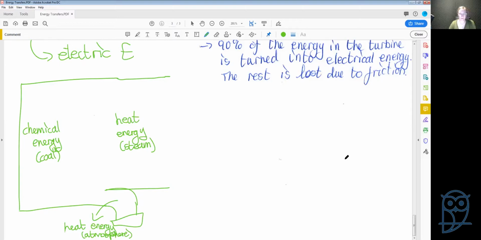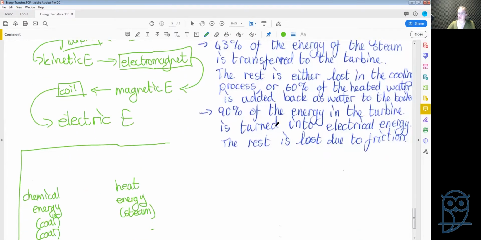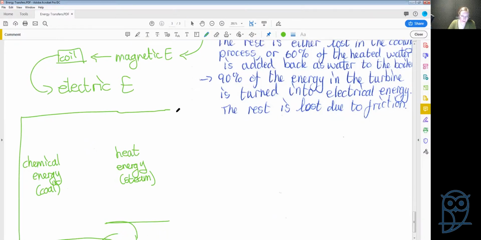Okay. So of this part here, 43% of the energy of the steam is transferred to the turbine. Okay, so let's first divide that up. Here we have slightly less than half, so there's our 43%. So this goes towards the turbine.